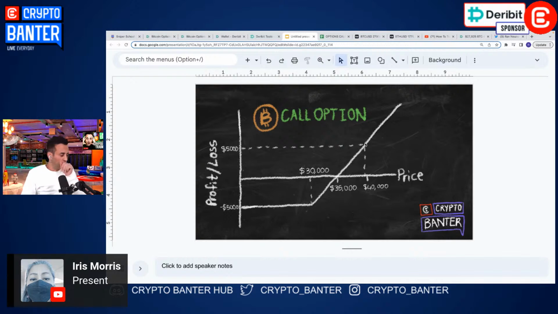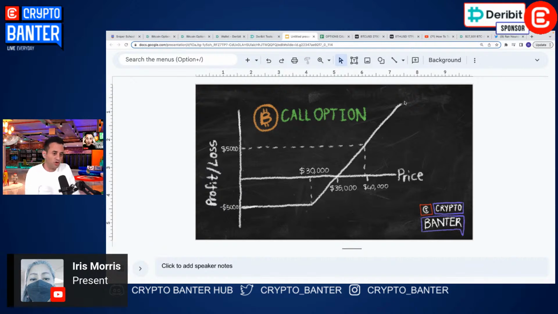And you can see if the price of Bitcoin goes to $40,000, I'll end up making $5,000. Remember, my option strike price is 30,000. The first $5,000 go towards repaying the premium that I paid. And then anything above that is unlimited profit.